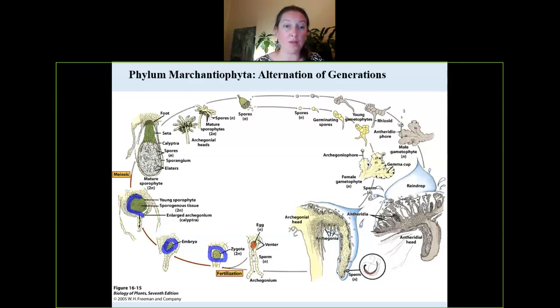And then over time, grow into the young sporophyte plant, and then ultimately end up being a finished mature sporophyte plant, which in this case has a foot, a shortened seta, and a capsule or sporangium, which is where spores are going to be made, right?